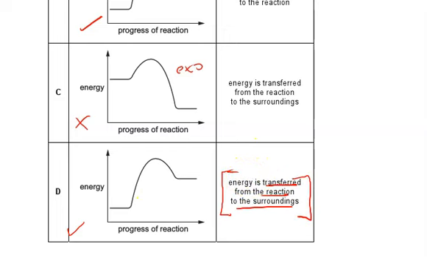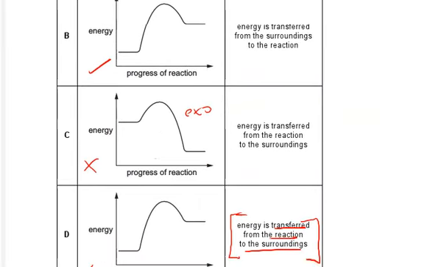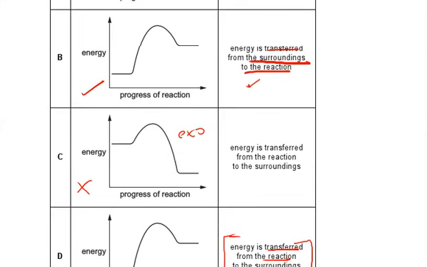Now let us look at the B. Let me put B and D together. For the B, the energy is transferred from the surrounding to the reaction. Yes, this is correct because they are absorbing the heat. So the B is the answer over here. And for your information, let's say we do it in this way.